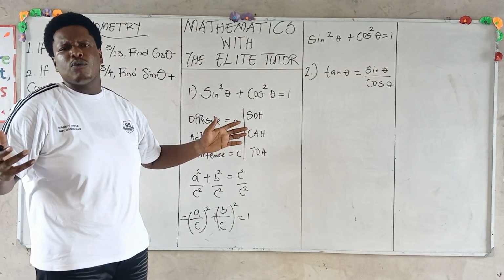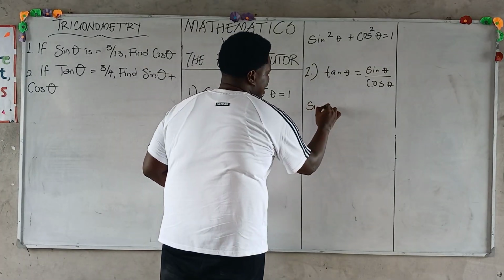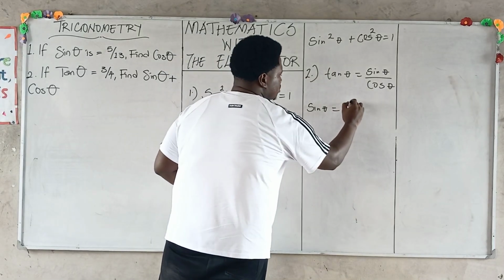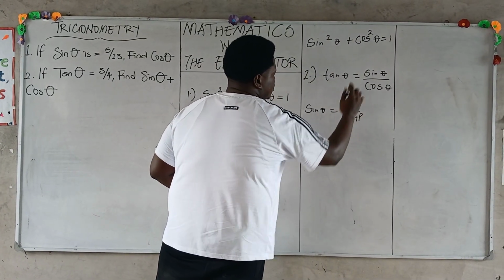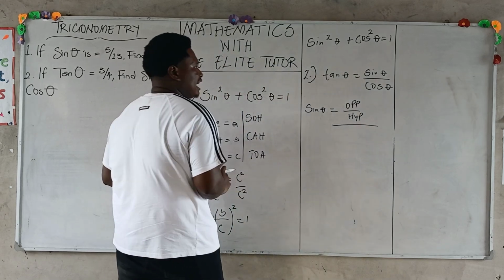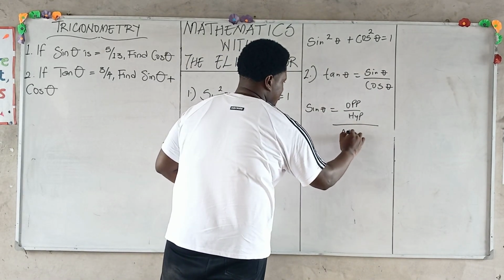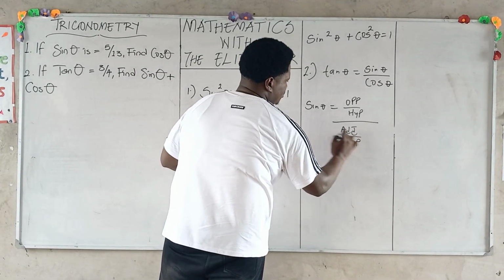Now, how can we prove that? We know that sine theta is opposite over hypotenuse, right? And our cos theta is adjacent over hypotenuse.